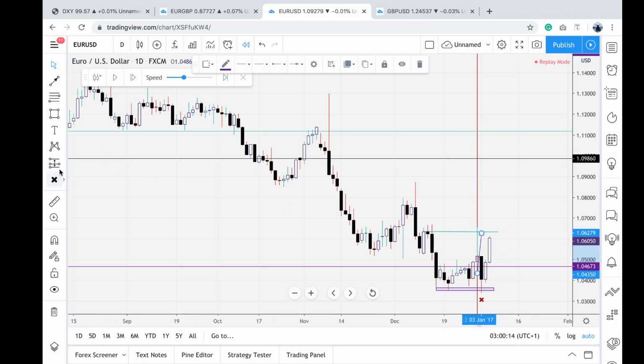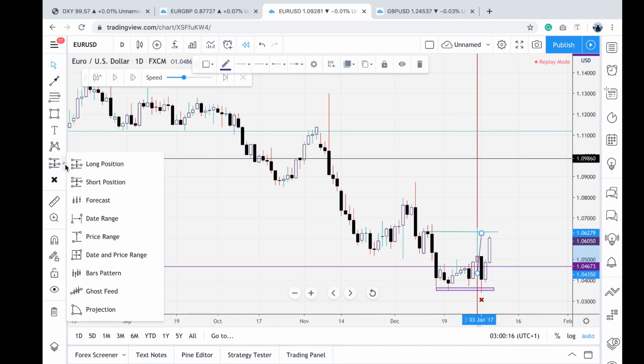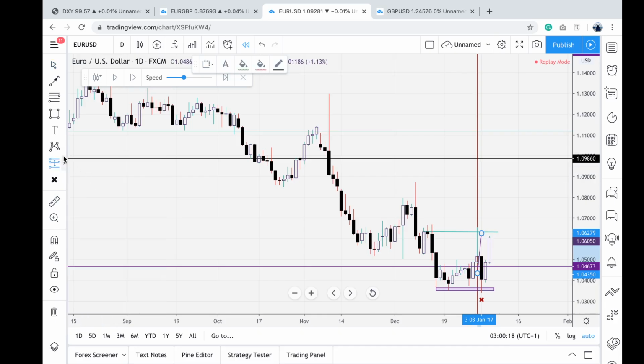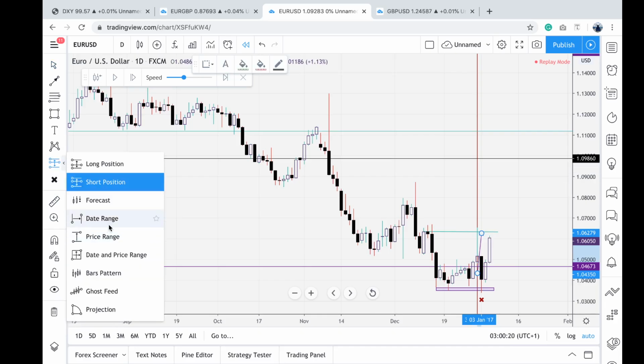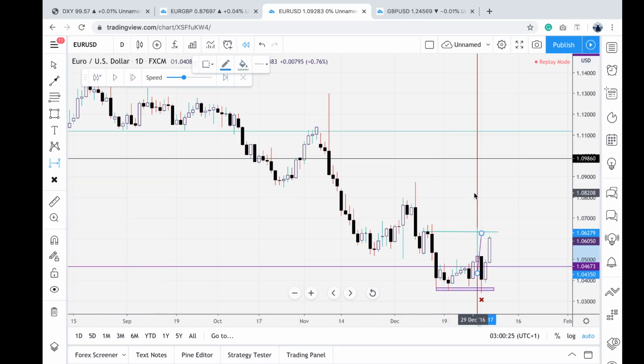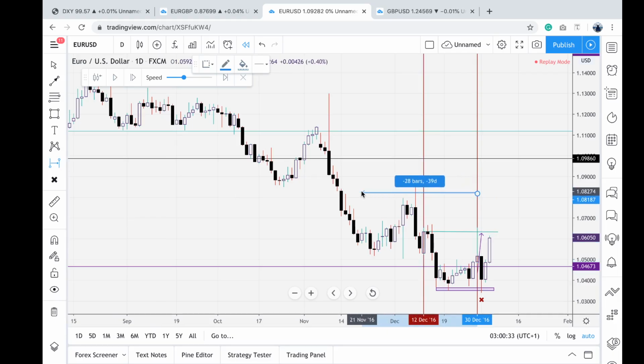Okay, so I think one more thing I failed to do was to identify the IPDA data ranges. Okay, so we get to date ranges. So we do the 20-day, 40, 60. Okay, so what I'm doing is simply rounding this up to the nearest date figure.